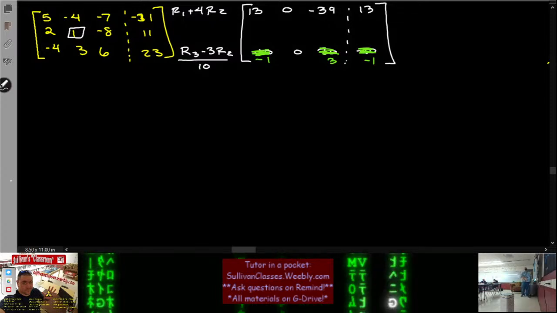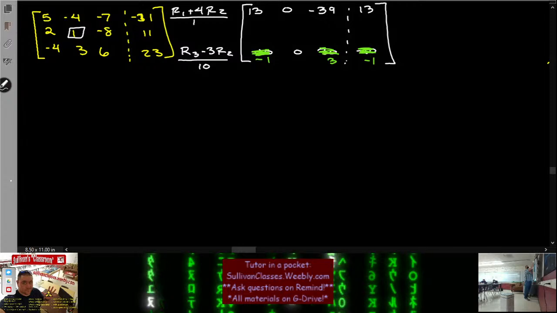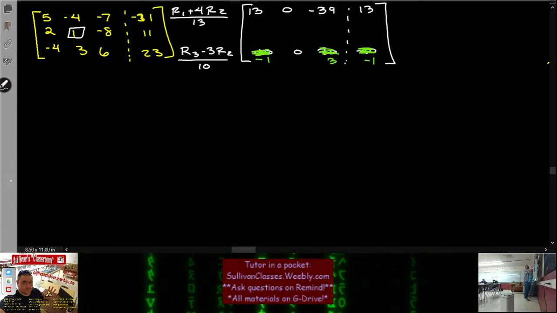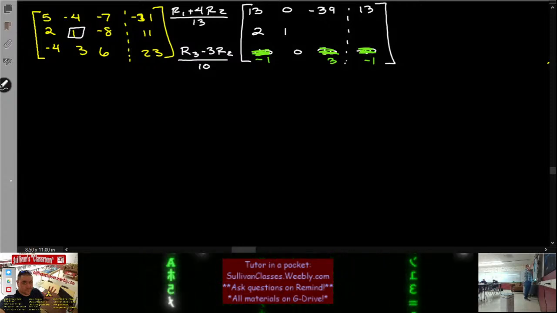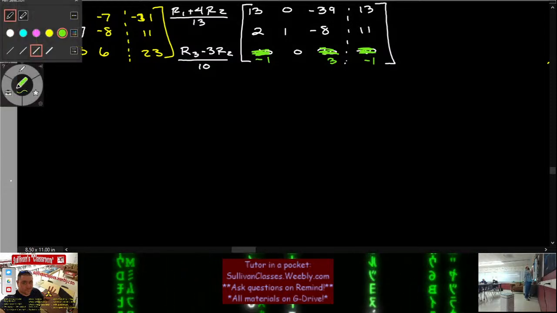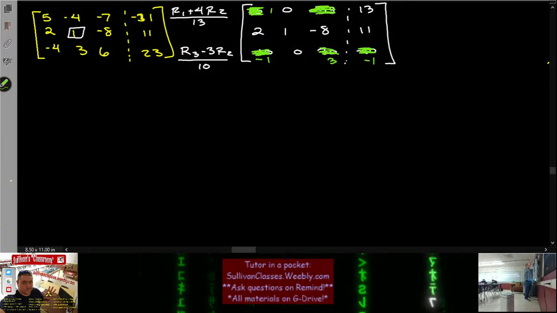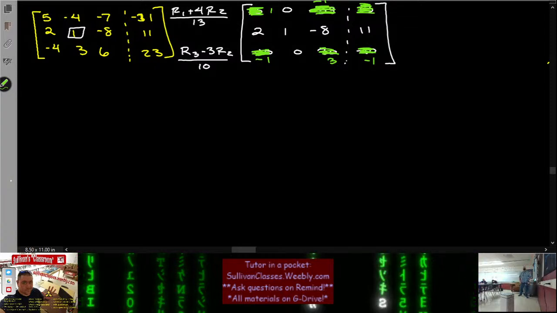And I see I can divide by 13. I'm also not going to touch this row. Getting a 1, negative 1, 1.